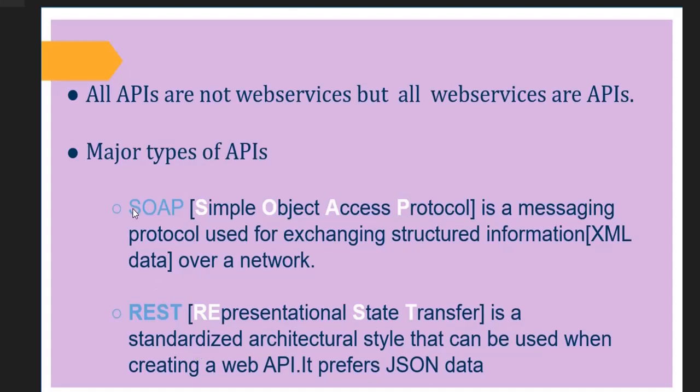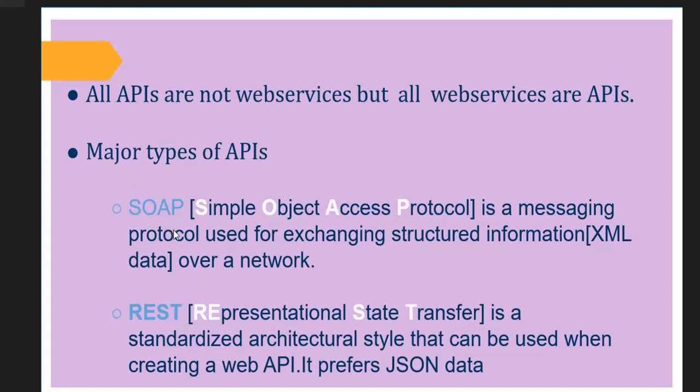But a few clients or projects use SOAP service also. So we will see these two APIs in our course. For now, just keep in mind we have two primary types of APIs: SOAP and REST.